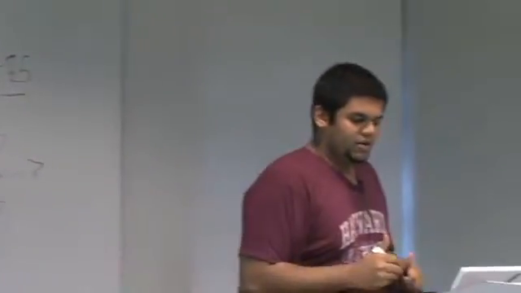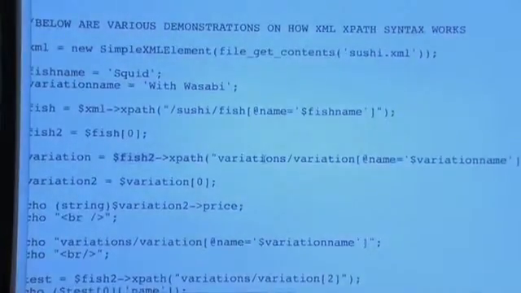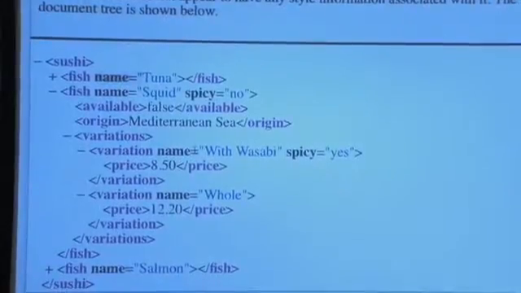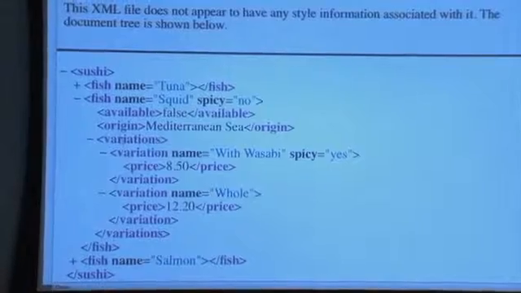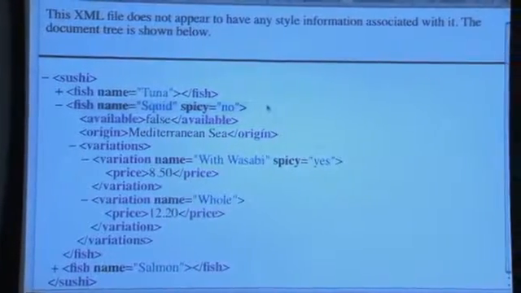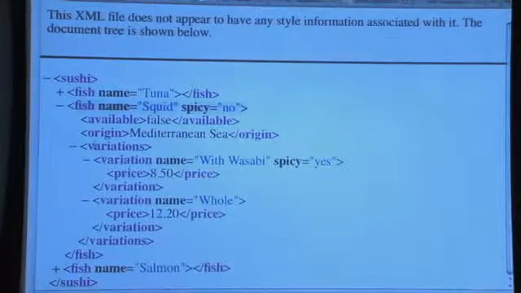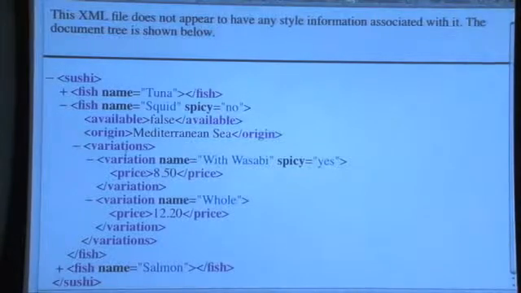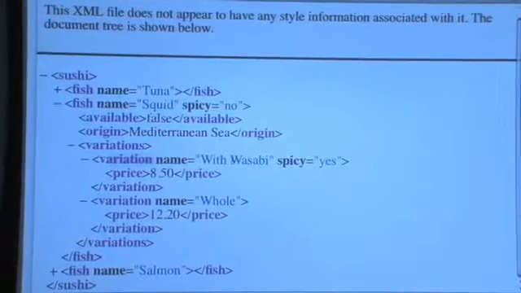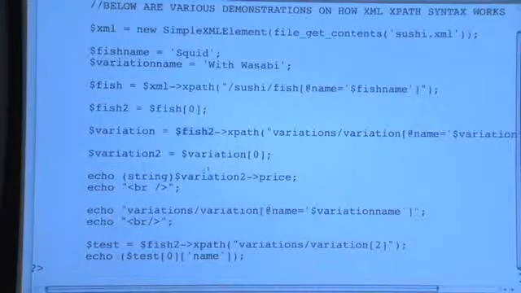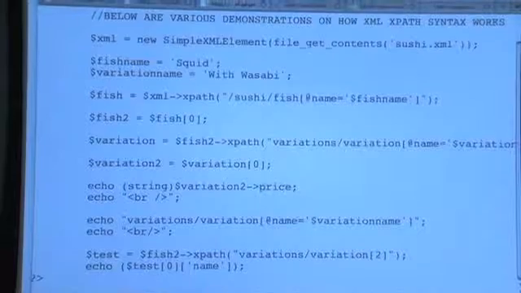So we're treating that as the XML object now. We're saying $fish2 XPath variation/variation name, so we're querying for the variations in this file. Whatever this object is, this object /variations, right? So we're here at this point. And then variation name equals with wasabi. Does that make sense? Once it does that, it gets that variation, converts the price to a string and prints it out.